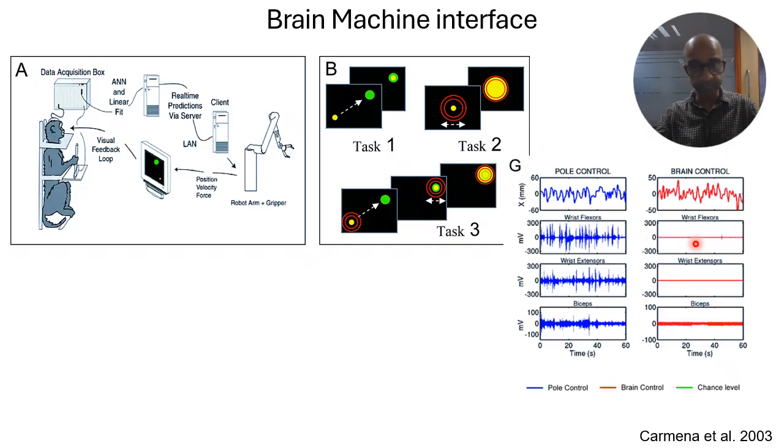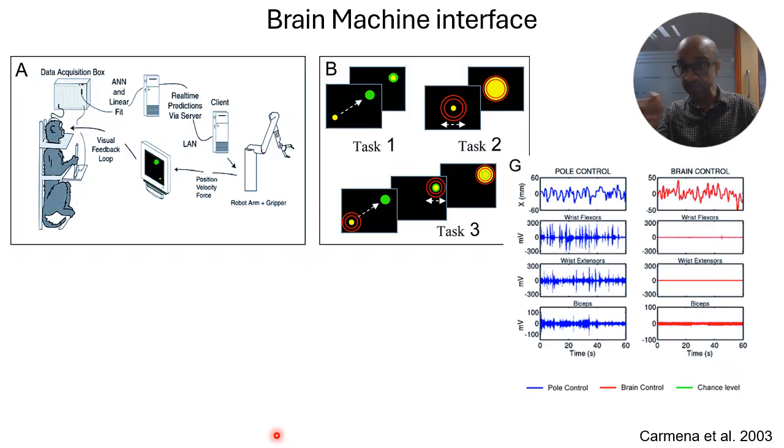And sure enough, you see that the muscle activity completely dies down, but at the same time you see the movements, right? Movements of both the dot on the screen as well as the robotic arm. Those happen with the brain control, and you get recovery to full performance.